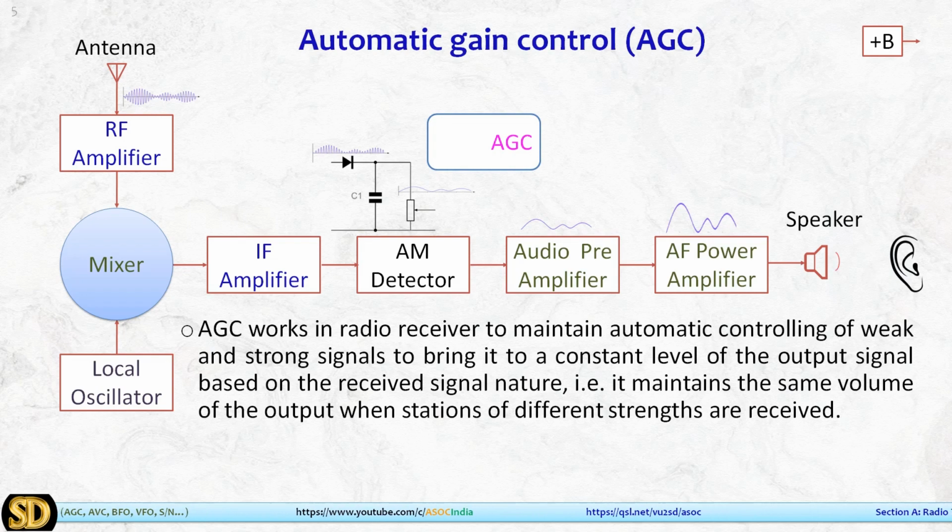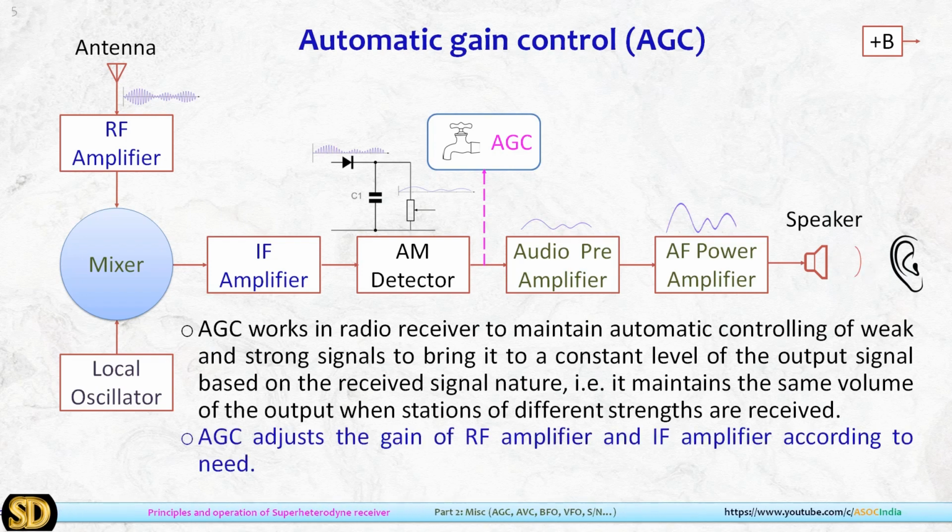If you see this AGC stage, it gets the signal after the AM detector, and on the basis of the AM detector signal, it tries to control the previous stages. Which are the previous stages? The RF amplifier and IF amplifier, according to need, to stabilize the output.